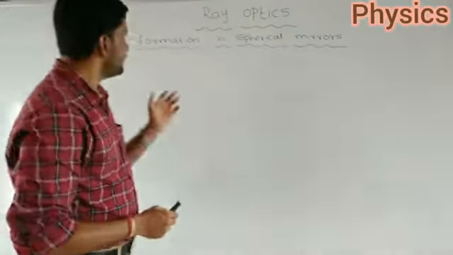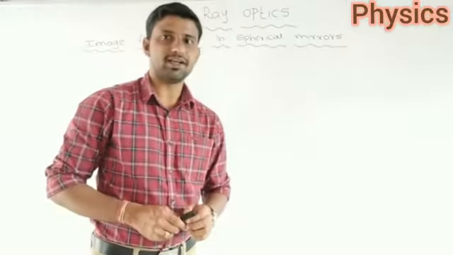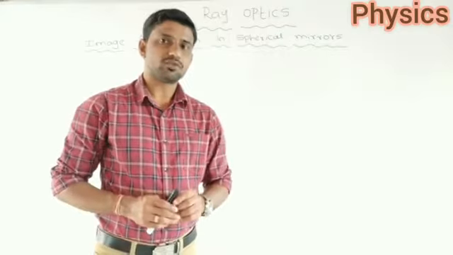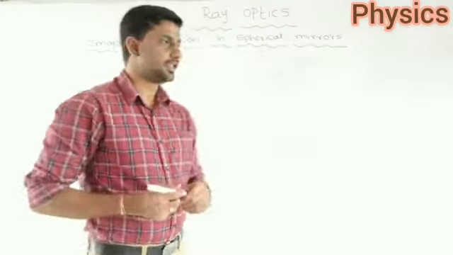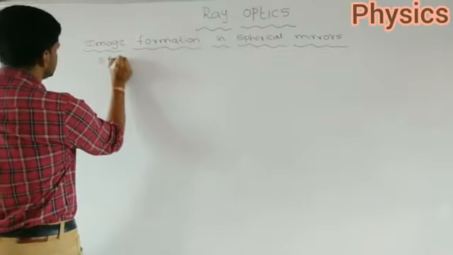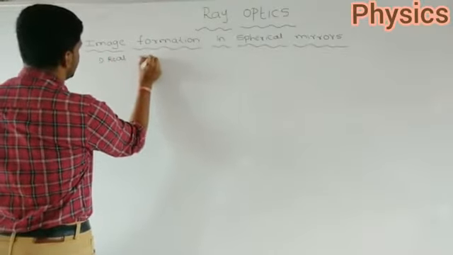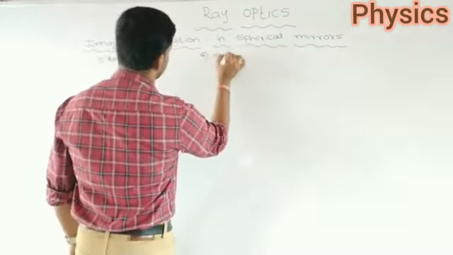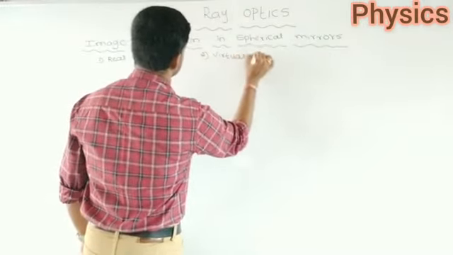Now let us see the image formation in the case of spherical mirrors. In the case of spherical mirrors, mainly we will observe two types of images: the first one is the real image, and the second one is the virtual image.